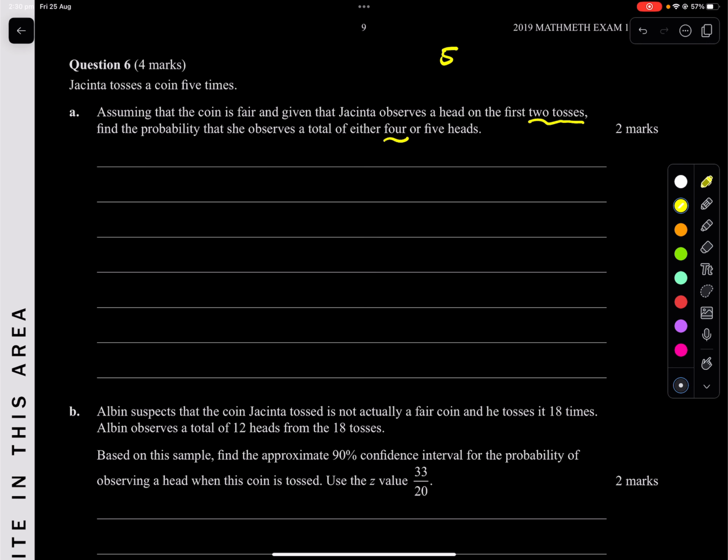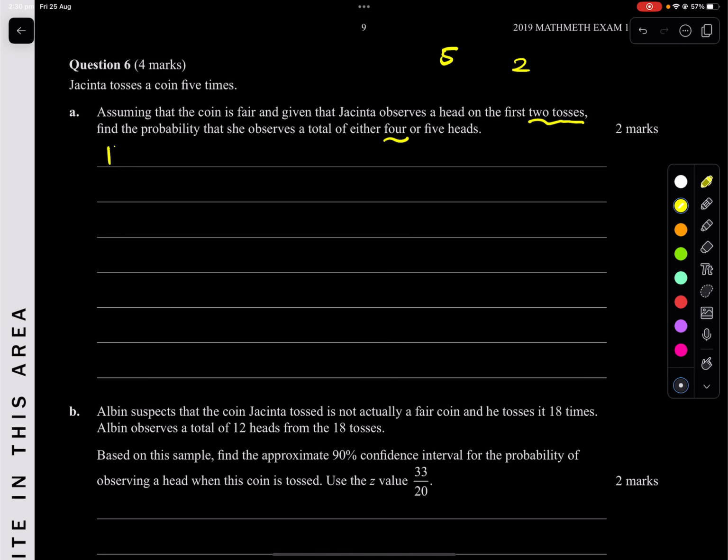Assuming that the coin is fair, given that she observes a head on the first 2 tosses, find the probability that she observes a total of 4 heads. We already know she's already got 2 heads, so she will just need another 2 heads.